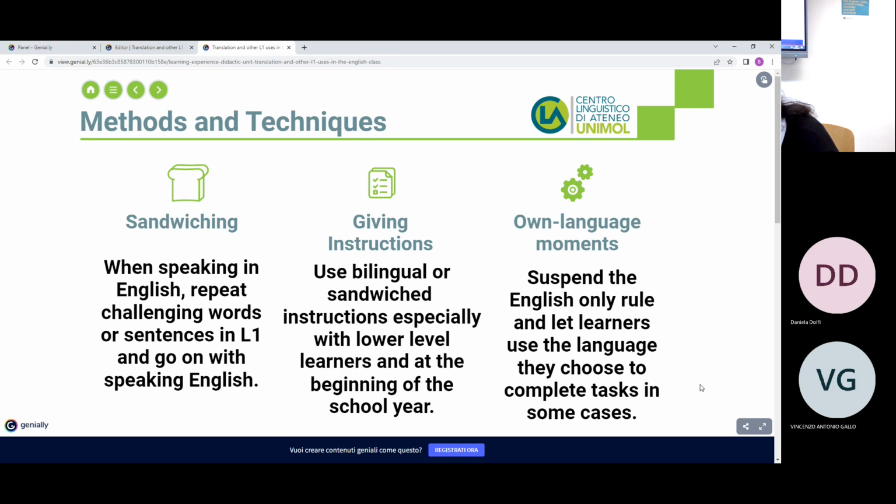And you could do some games with that, so matching games. Okay, so for example, you have match, put the words in order, complete the sentences with the correct verb form.